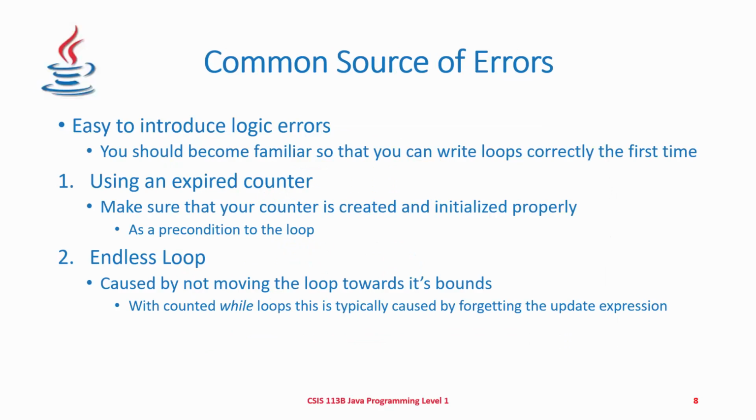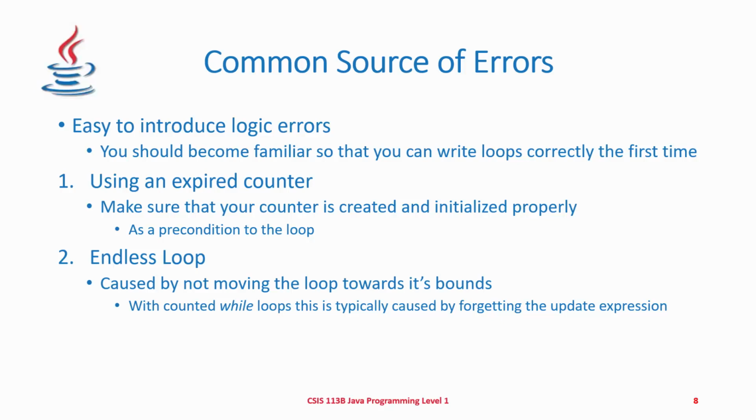Some of the common sources of errors that you'll encounter: it is easy to introduce logic errors, so you want to write loops correctly the first time, mainly making sure that you have the appropriate counter variable, that you're updating it to move toward your bounds, and that you have a proper Boolean expression so that it will exit from the loop. So some of the problems you run into would be using an expired counter.